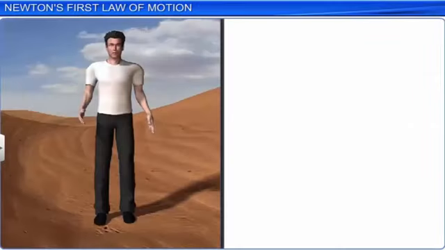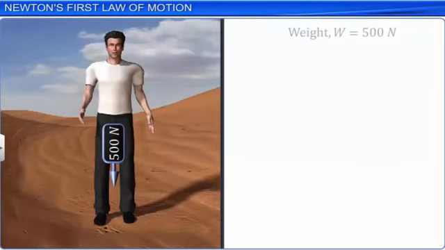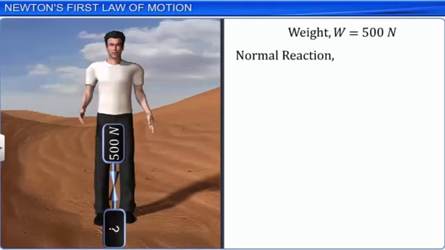Let's consider another situation. What are the external forces acting on you if you are standing in quicksand instead of on firm ground? Your weight is the same. But what about the normal reaction? It can't be equal to 500 Newton.